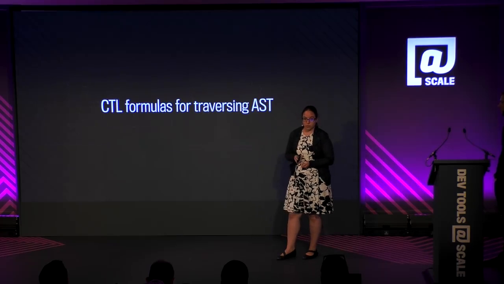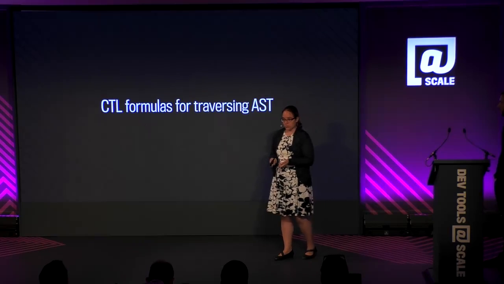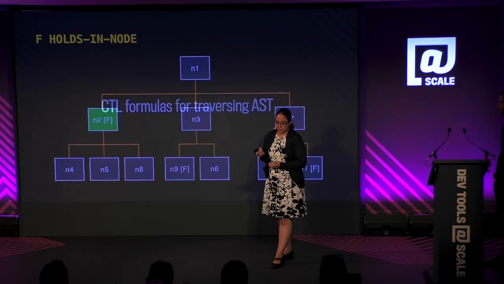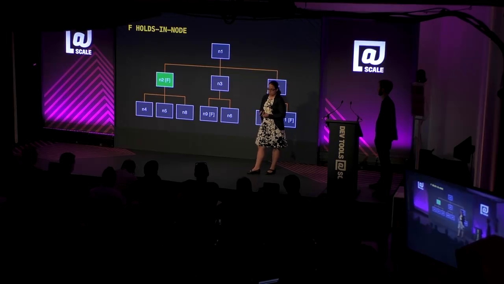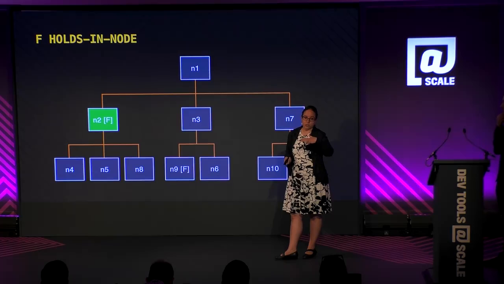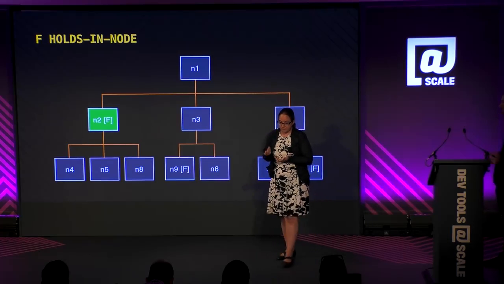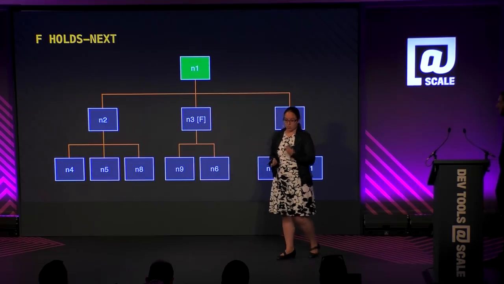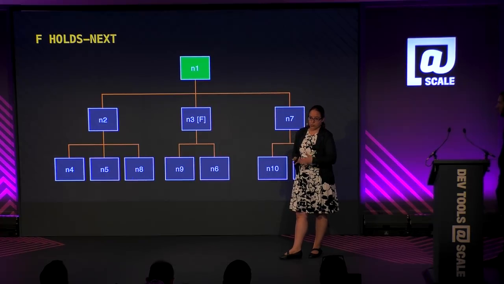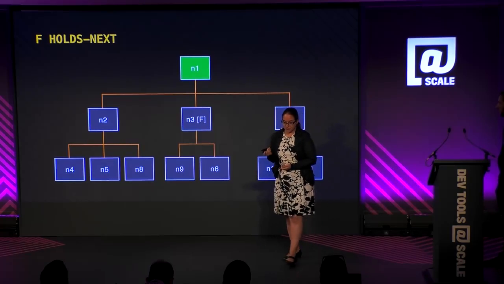Now I'm going to talk a bit about the CTL formulas, a few of those, going through and explaining how they work. For example, there's holds in node, which is like I'm traversing a node, I'm in a particular node, and the formula holds here, so then it's true. Then holds next: there is one child of the current node where the formula holds, then this is true as well.